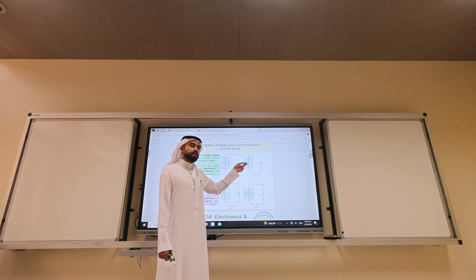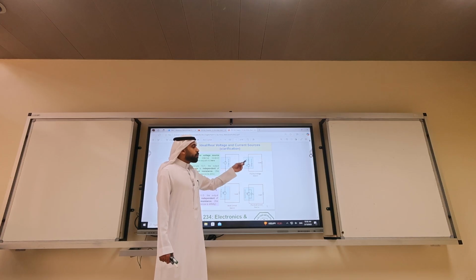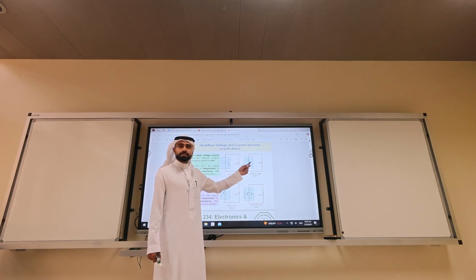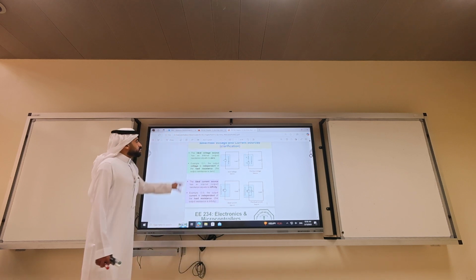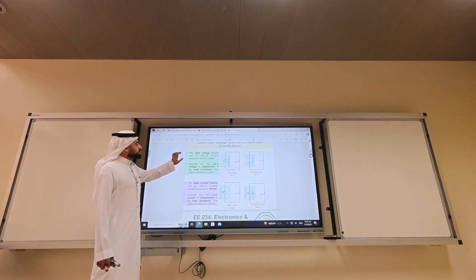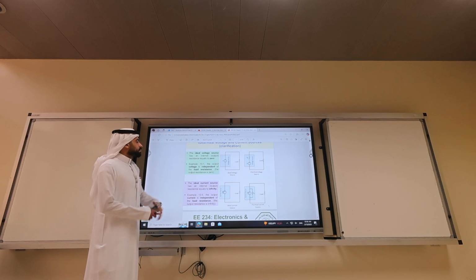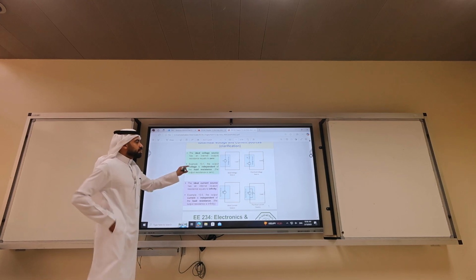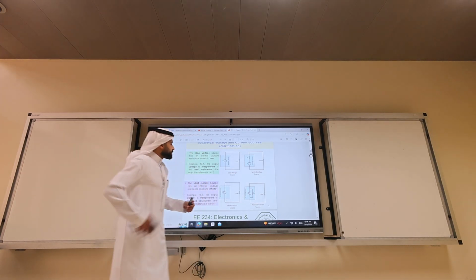This is a very important concept: we always want very small internal resistance for the voltage source. Get it? So the ideal voltage source has an internal output resistance equal to 0 to drive as much load as possible, but in a practical situation, this is not always the case.